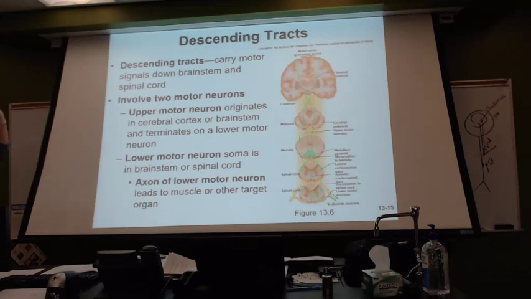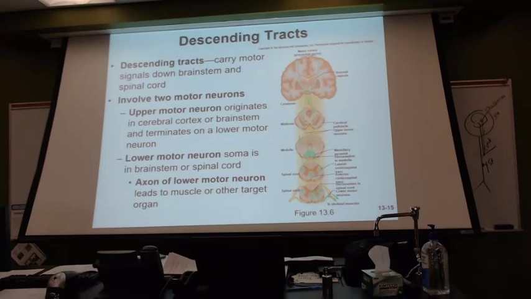Descending tracts are my motor. Anytime you hear motor, I want you to associate that with muscle, because skeletal muscle, because a motor makes something move, right? We have motors in our cars, and they make the cars move.